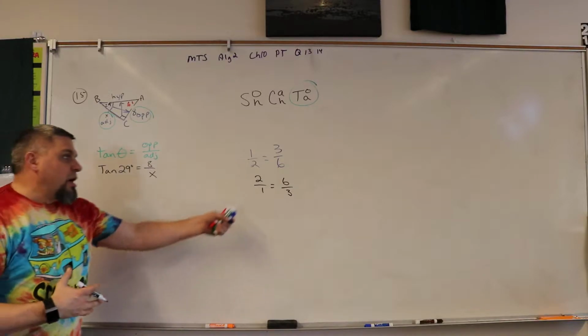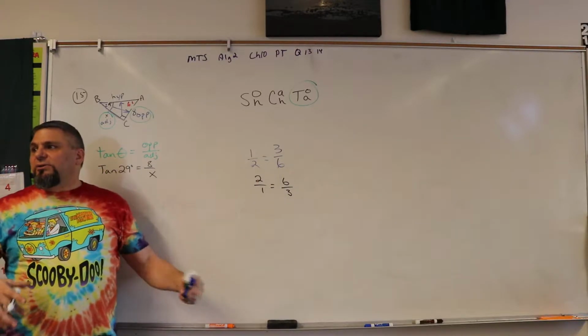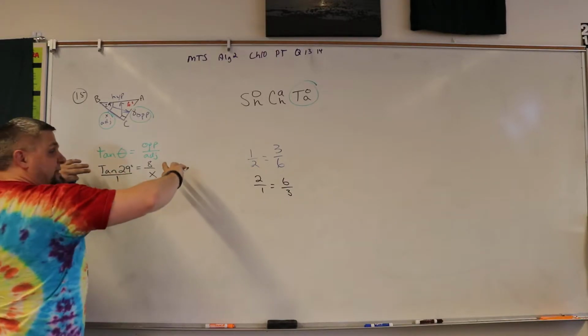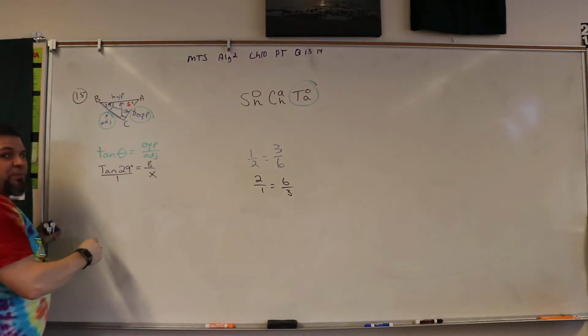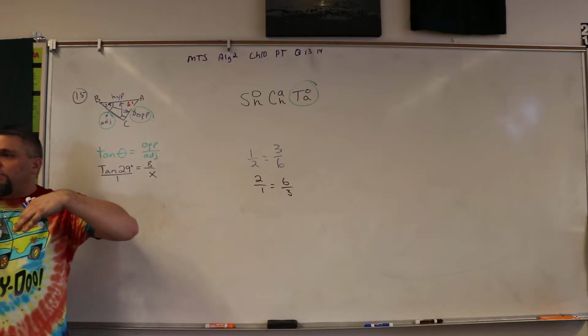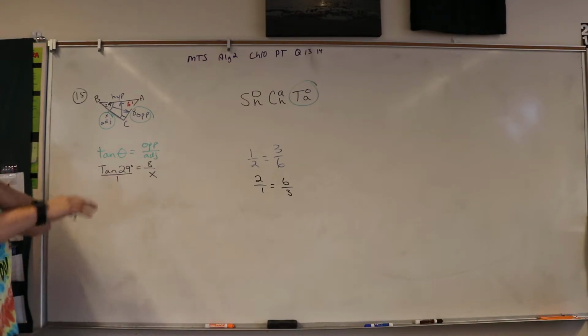So I use what I know to figure out what I don't know. Then I can take these and flip them. Now this is what students have a hard time with. They're like, I don't see that in my book. I know it's not in your book because I made it up. Sometimes it's easier to make up rules rather than having to cross multiply all the time.